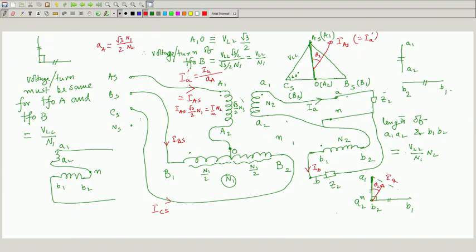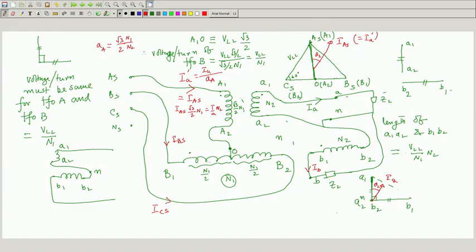Same thing I will get, this I A S is I A dash, if you bring it down here, the same thing you will be getting. Got the point? This one N 2, root 3 by 2 N 1 by N 2 is a.